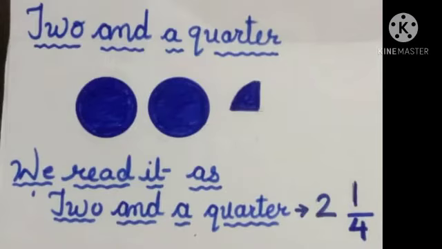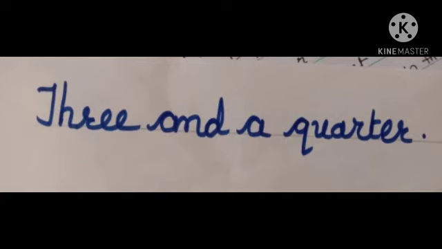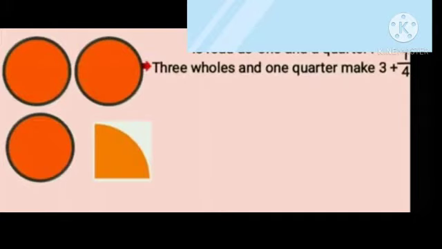When we combine 2 wholes and a quarter, it makes 2.25. So we read it as 2.25. You can see in the picture how it is written. Now we'll see 3.25. When we combine 3 wholes and 1/4, that means 3 and 1/4, it will make 3.25.